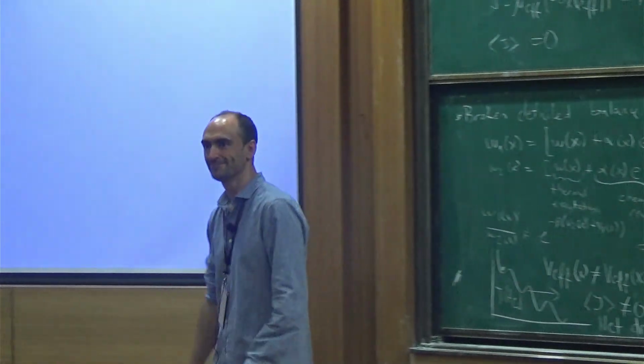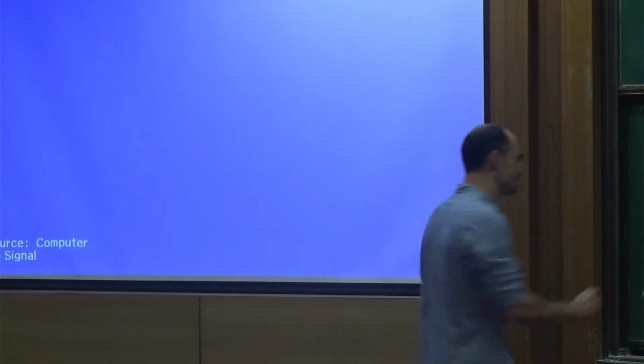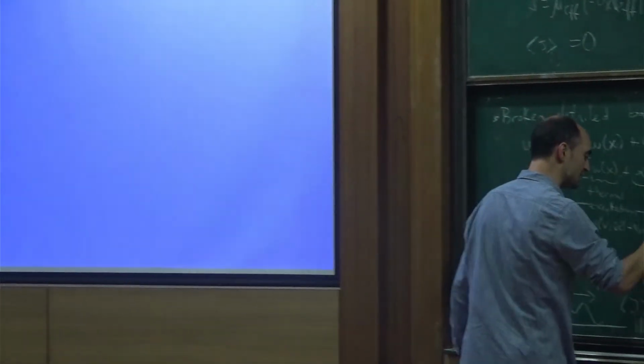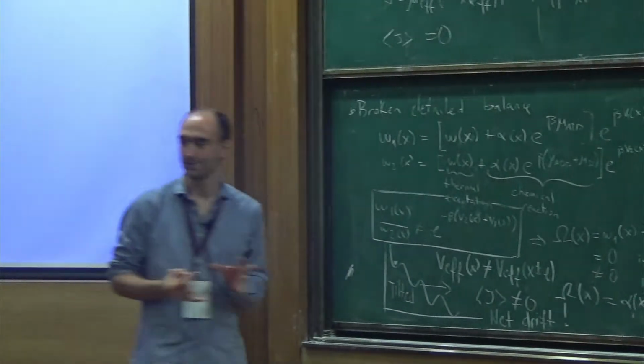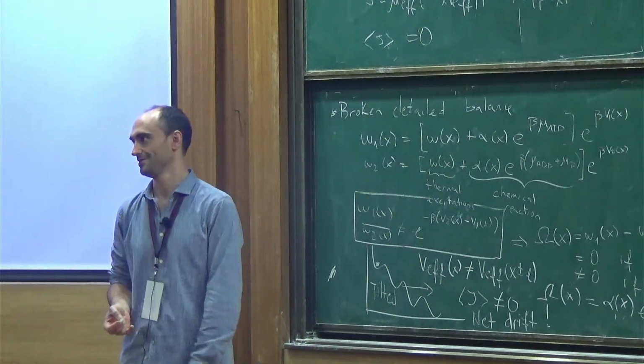Okay? So by switching potentials at rates that do not obey detail balance, so you just need this condition, and doing this in an isothermal environment, you can generate motion, net motion.